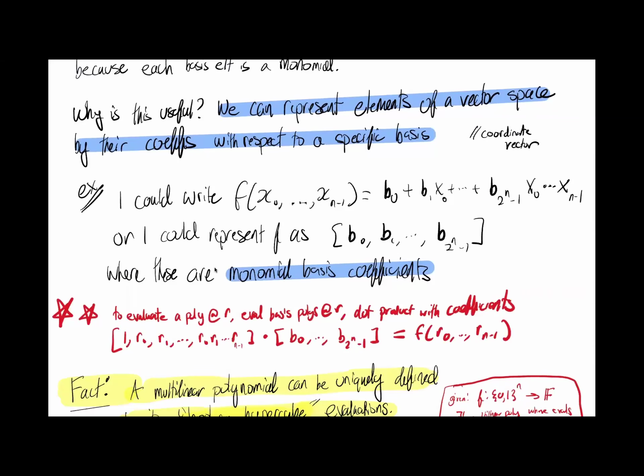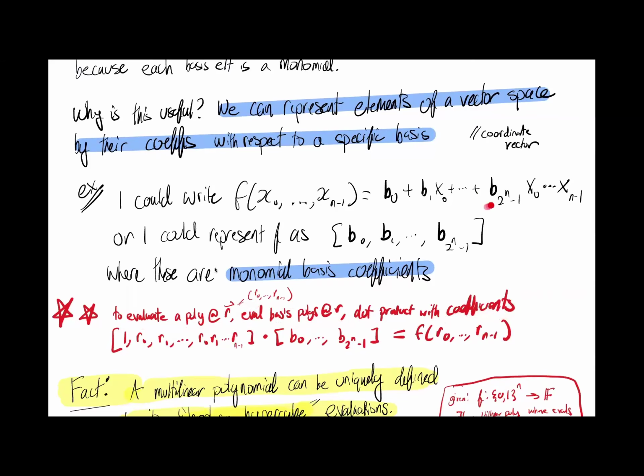Now, generally, if I want to evaluate a polynomial at a point r, and to make this clear, r here is a bunch of things because there's more than one variable, then the way I should do this is evaluate the basis polynomials at this point r, and then dot product it with the coefficients.